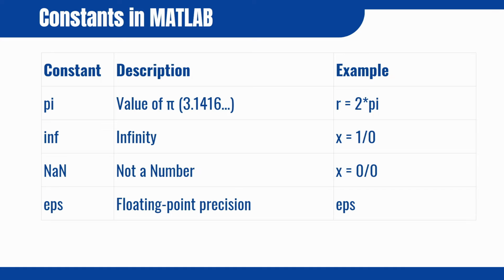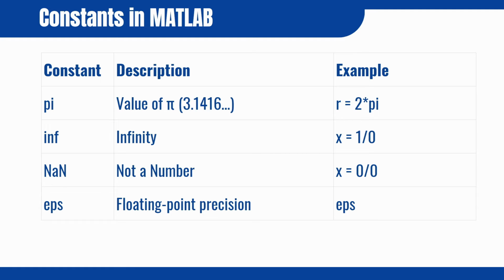pi is a built-in constant in MATLAB, and its value is 3.1416. For example, if you want to use r = 2 pi, you have to use the product sign to multiply by pi. Inf is infinity, and for example, 1/0 is infinity, and when you enter it, it returns Inf in the command window.